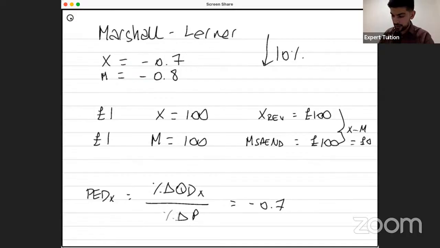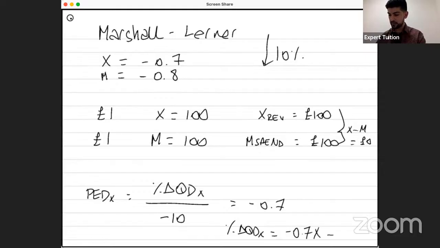So the bottom of my fraction, the percentage change in price, I can make into minus 10. Do we agree? I can now rearrange that. If I take this minus 10 to the other side of the equation, I get that the percentage change in quantity demanded of exports is equal to minus 0.7 times minus 10, which gives me 7%. What did I just work out in words? I just worked out that in this particular example, when the pound depreciated by 10%, the demand for exports for our country went up by exactly 7%.